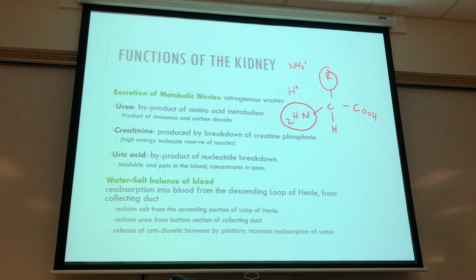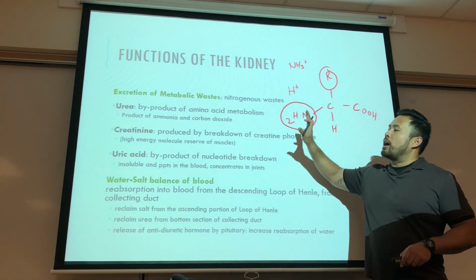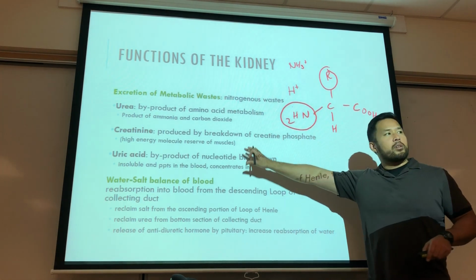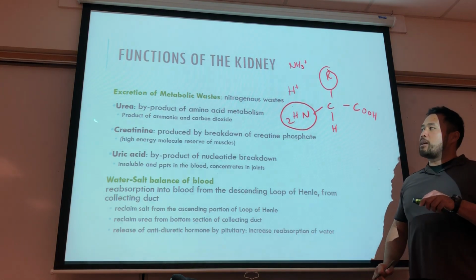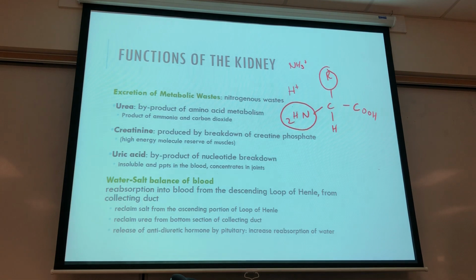How fast can we get rid of creatinine, given normal levels of creatine phosphate? And there are certain oncology and treatment protocols that look at kidney function, and they base it off how much creatinine is present in the blood. Okay? Present in the blood and present in the urine.